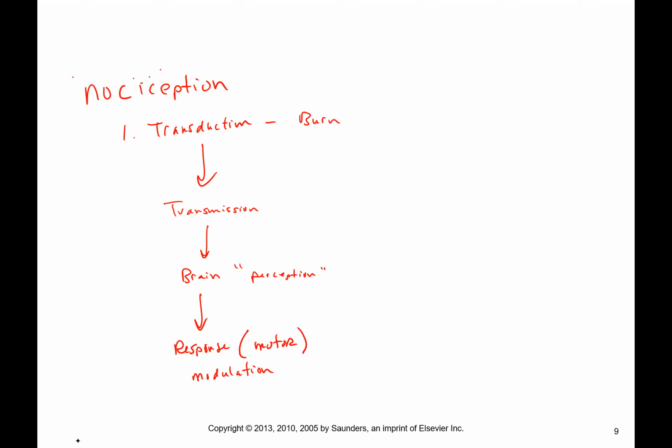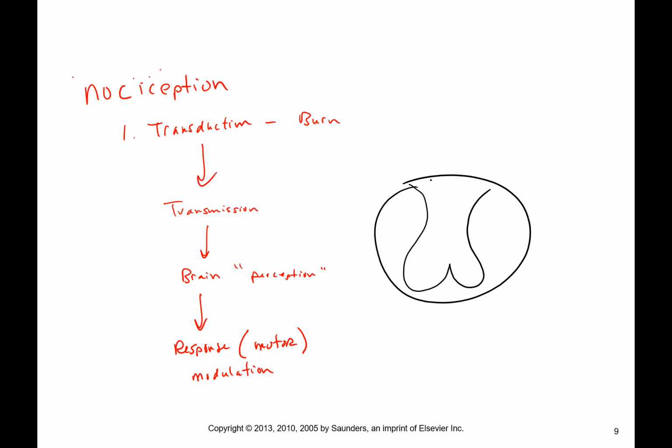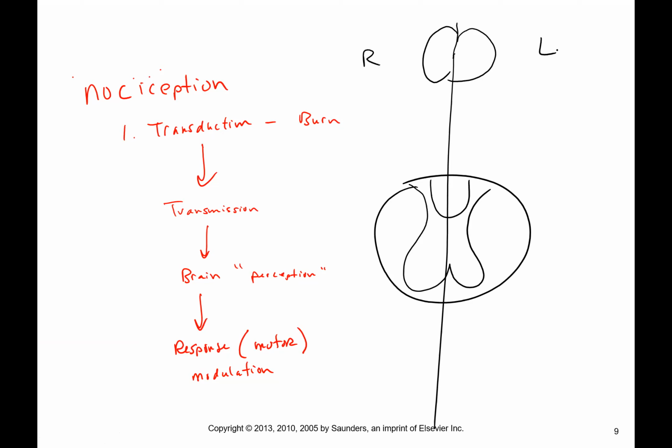Okay, so in general, in your cross section of the spinal cord, we're divided in half. And here's the brain. So right brain, right side of your cord, left side of the cord.